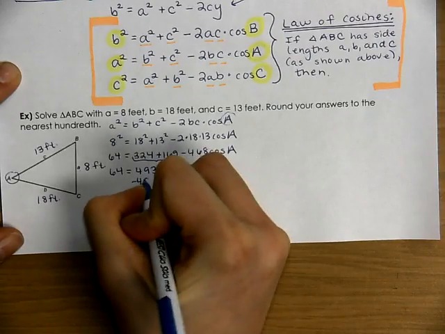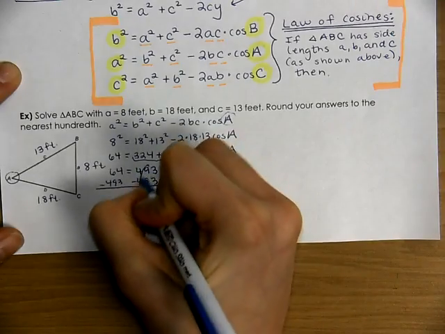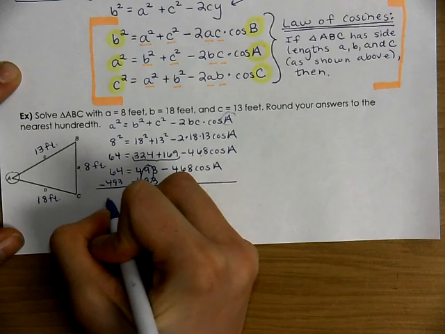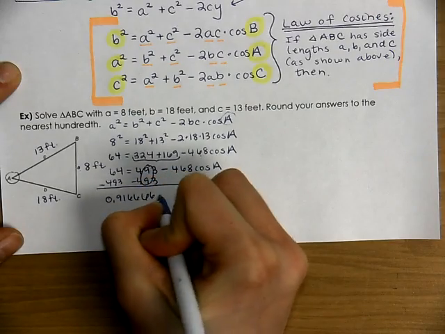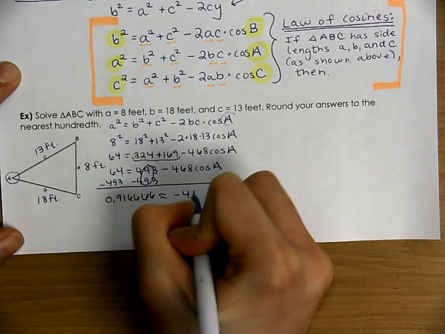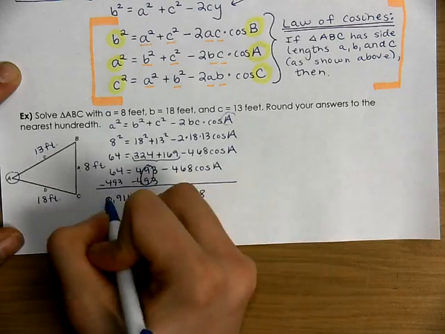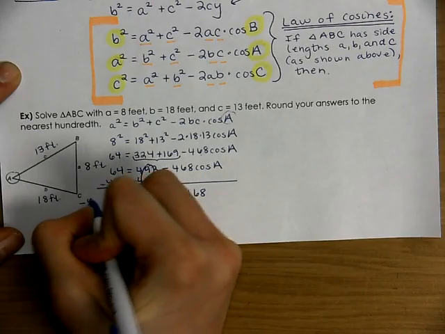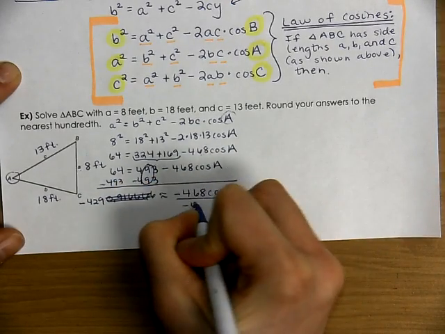Now I can subtract 493 from both sides. I get that this is approximately negative 429. I apologize. Divide by negative 468.